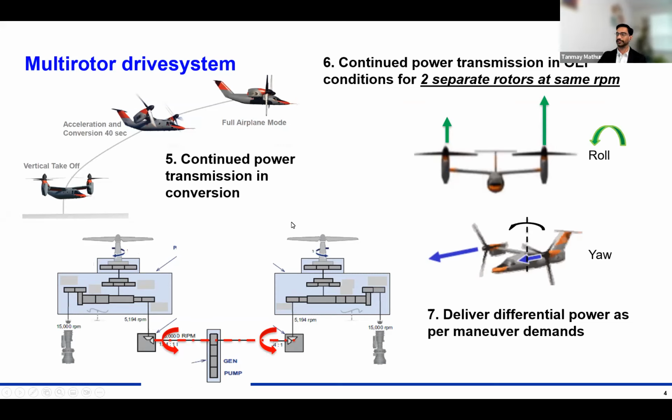The final function that the drive system serves in a multi-rotor aircraft would be to split the symmetric power delivered by the engines to differential power at the rotors that enable you to maneuver the aircraft.